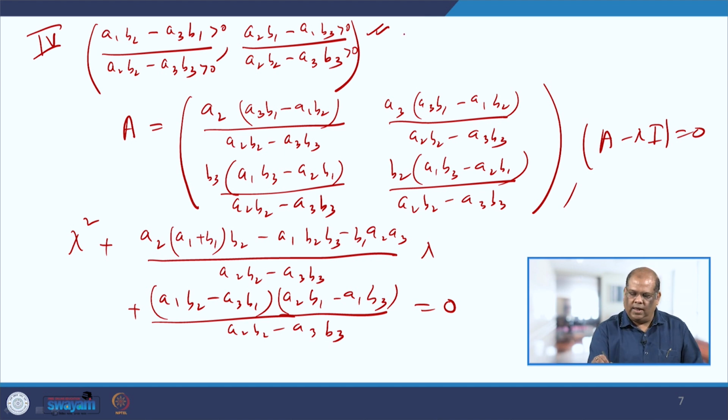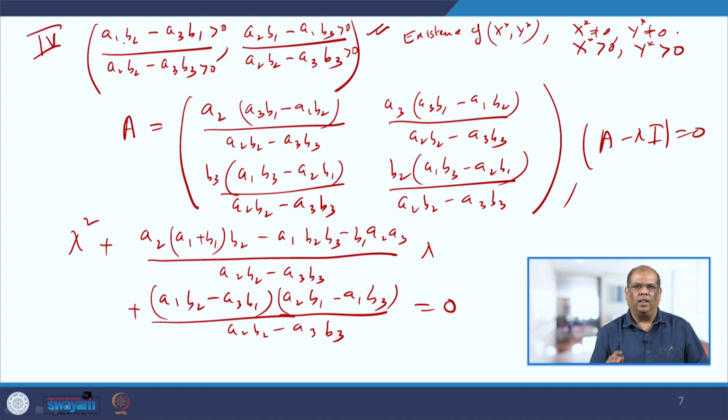So, for the existence of x star, y star, where x star is not equal to 0 and y star is not equal to 0, both x star and y star have to be positive, and the condition for that is the numerator and the denominator have to be positive.